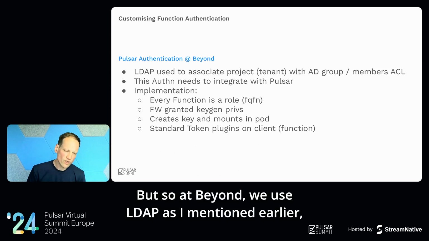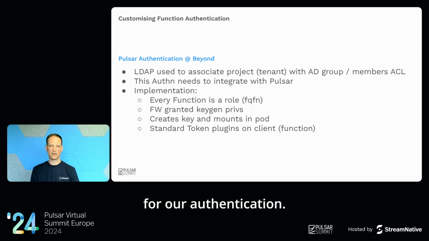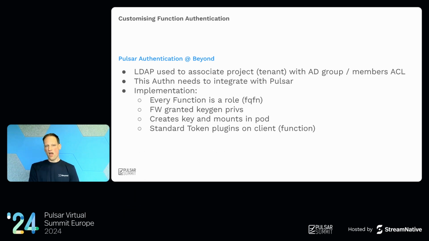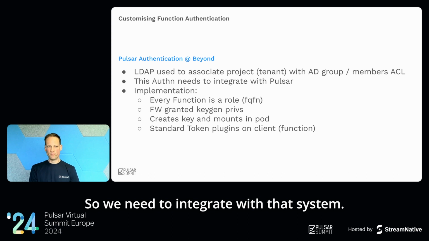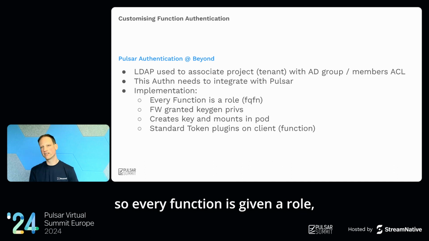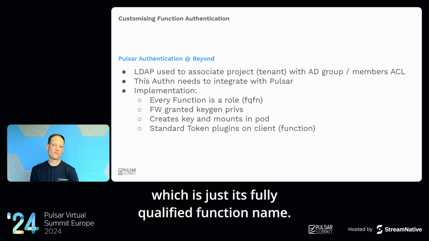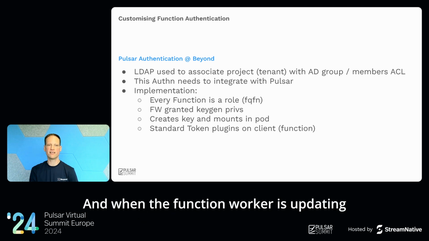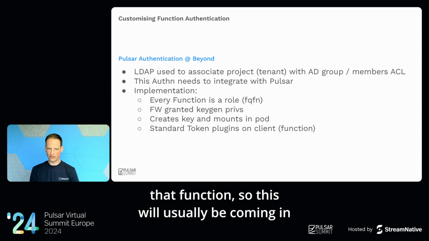So at Beyond, we use LDAP, as I mentioned earlier, for our authentication. So we need to integrate with that system. And how we do this is that every function is given a role, which is just its fully qualified function name. And when the function worker is updating that function, this will usually be coming in via the portal.